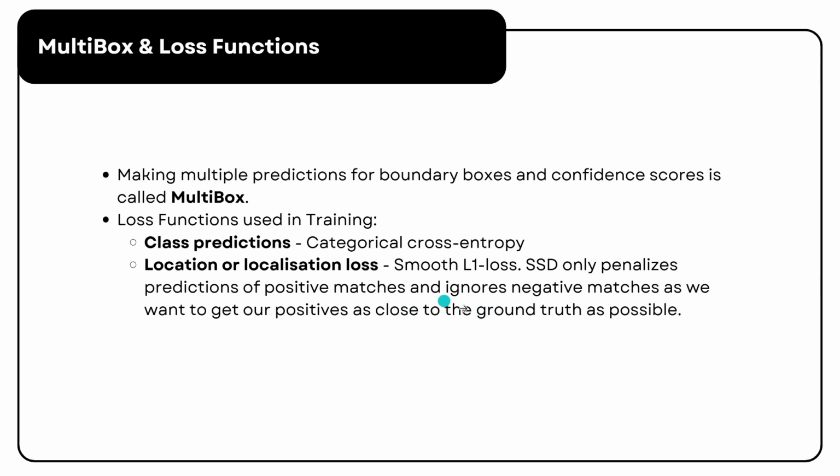It ignores negative matches like boxes on background, which helps the model focus on what matters. So this two-part loss function, the confidence or classification plus localization, is crucial for teaching the SSD model not just what is in the image, but also exactly where it is. And that's how SSD learns to make accurate and efficient object detection.